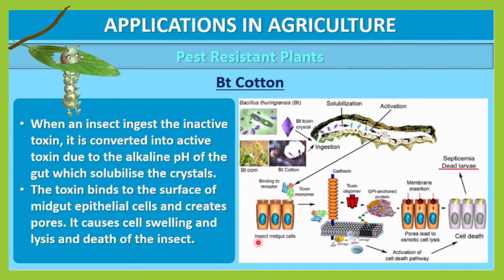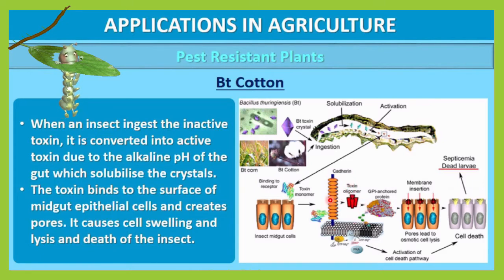Especially you have to remember, the insect mid-gut cell has the receptor for the binding of such a toxin. Okay, now this toxin will be received by the mid-gut cells on the receptor, and after that what happens here, you can see some toxin oligomers are there.